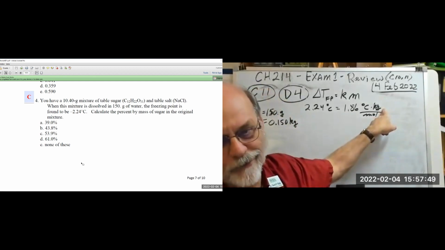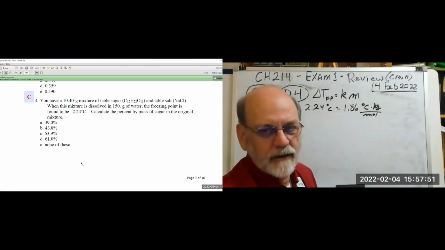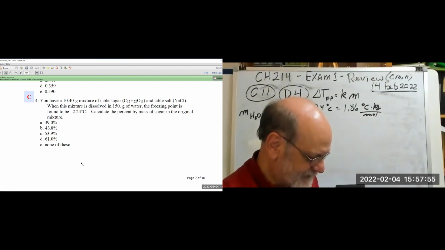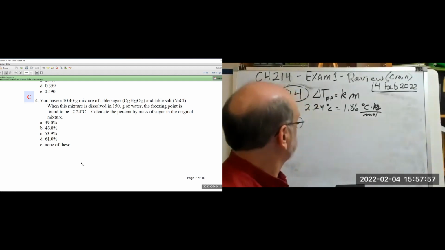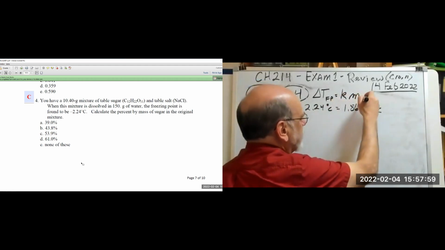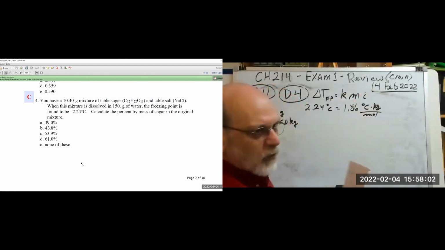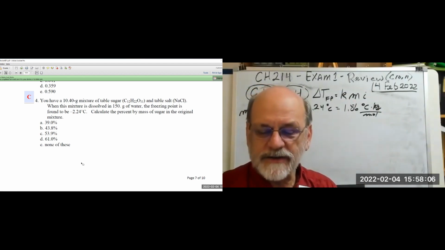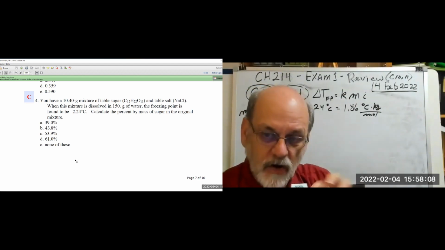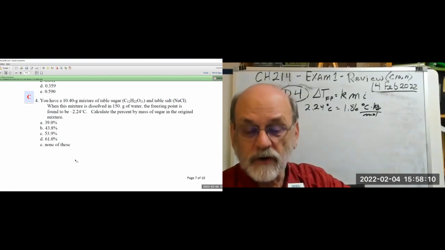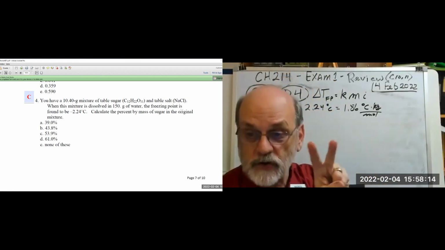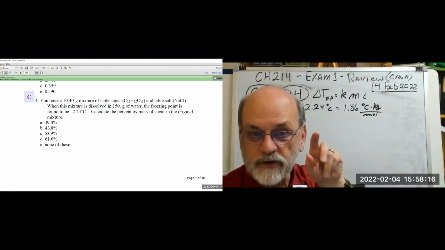Because that's kilograms. Okay, this is going to have a Van't Hoff correction, but we don't know what it is yet because it'll depend on the ratio of sugar to salt. The Van't Hoff correction for sodium chloride is 2, and the correction for sugar is 1.